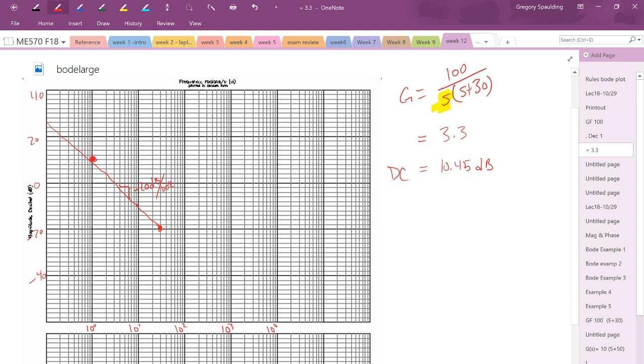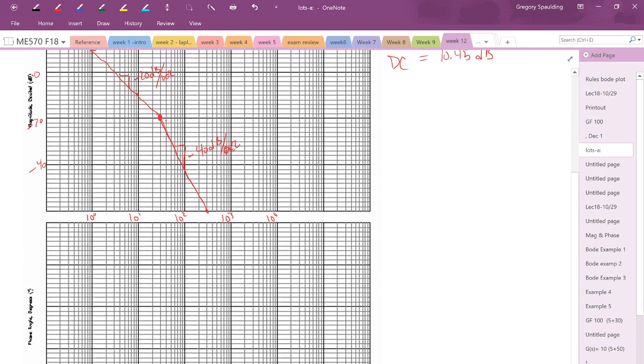I'm going to come over 1 decade and go down 40 to end up with a point here, and my slope at this place is minus 40 dB per decade. Okay, and so that's going to be our magnitude plot for our asymptotic Bode.